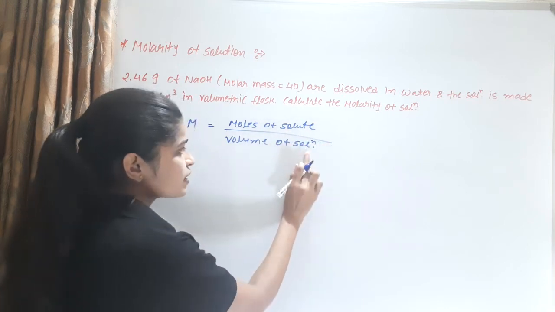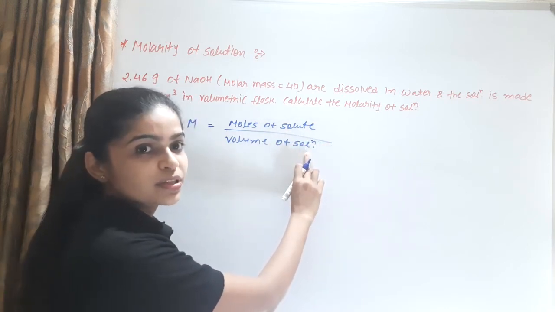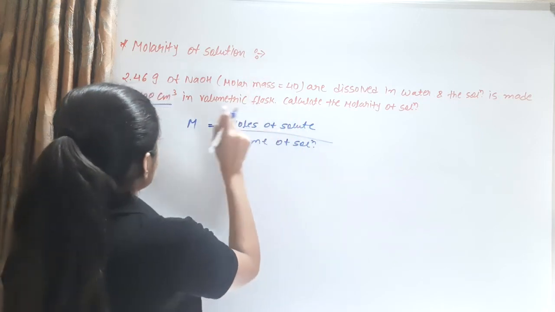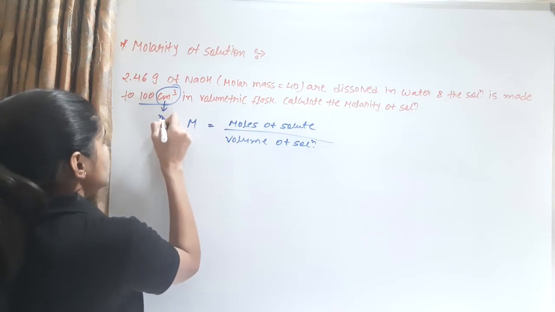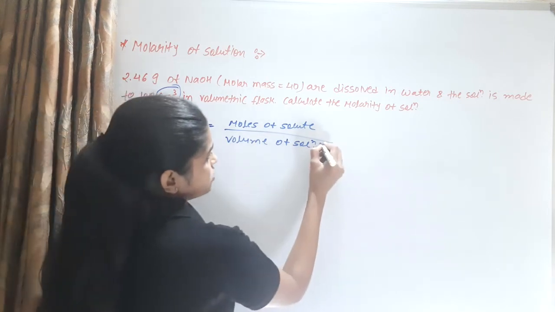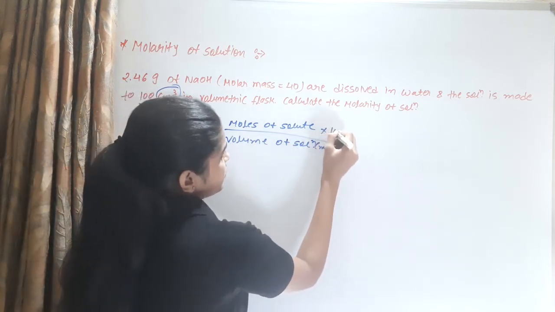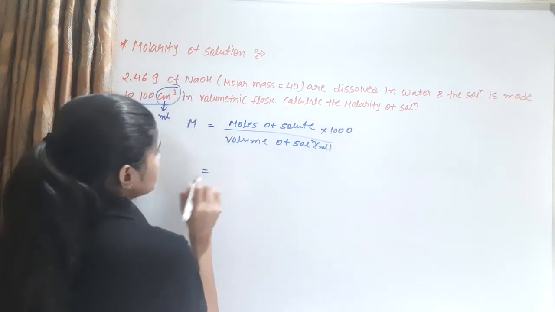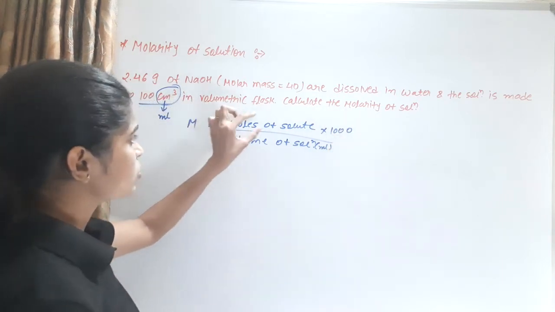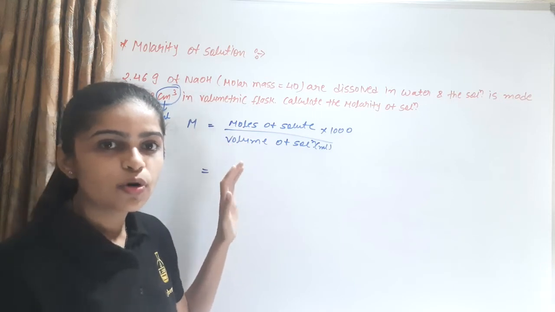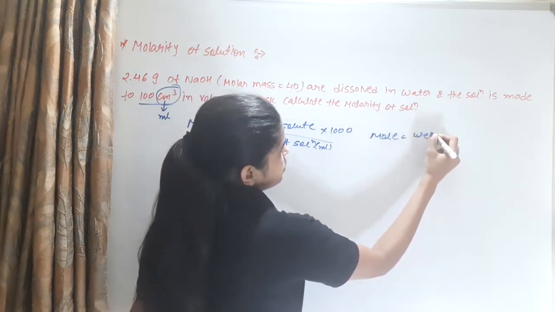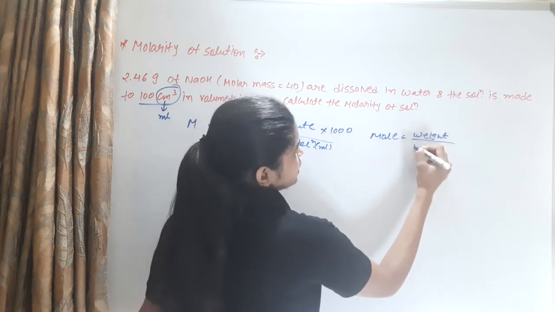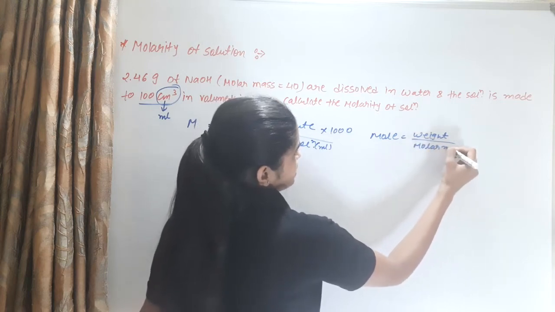When the volume is given in ml, it is multiplied by 1000. In this example, the given value is centimeter cube, so this is ml, and we multiply by 1000. Then we find the moles of solute. Mole is equal to weight upon molecular mass or molar mass.